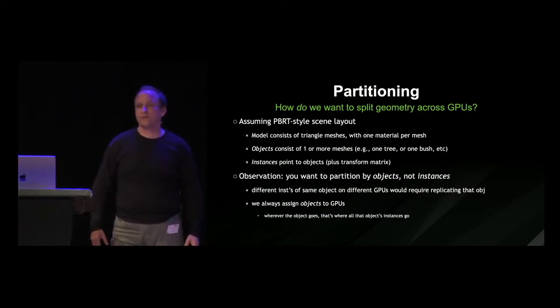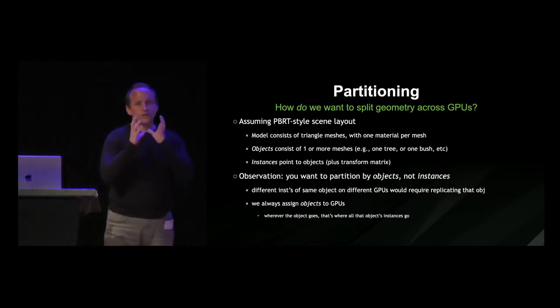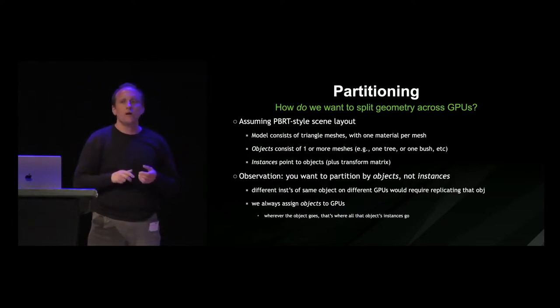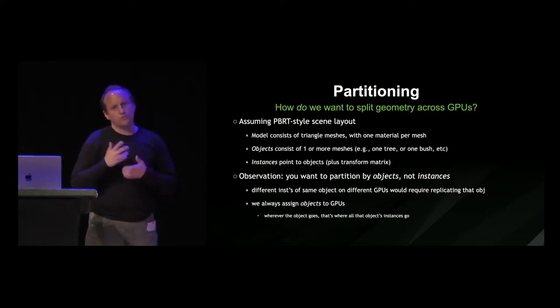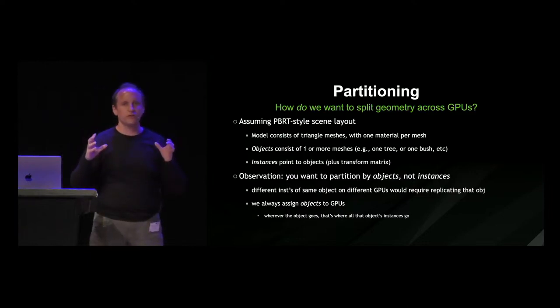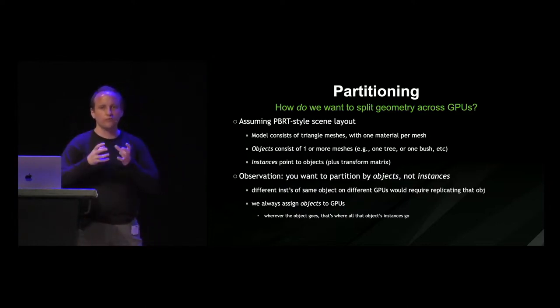When you look at, for example, the Moana Island or some data like this, it looks more like you have meshes, and each mesh is associated with a material, and maybe a texture or multiple textures. And then you have objects that are composed of meshes. Think, for example, of a tree composed of a trunk mesh and a leaf mesh, and together they form objects.